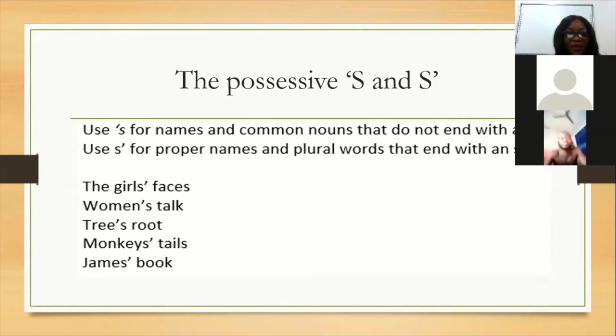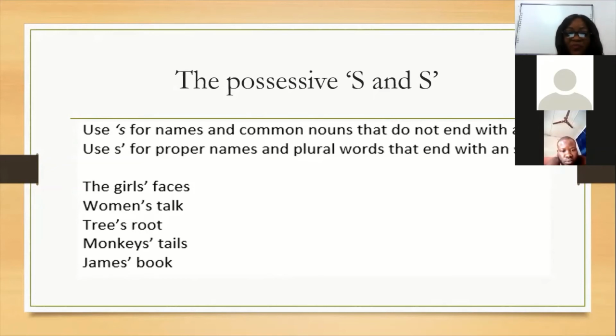For example, the girls' faces. Now, if it was just the singular girl, then you will have the apostrophe after the L and then an S after the apostrophe before you have faces. But since it's a plural form of the noun girl, already having an S, that's why you have just an apostrophe after it.